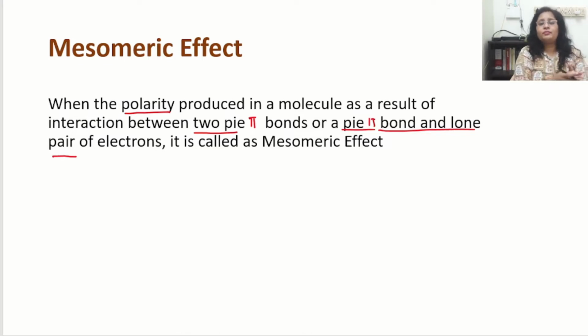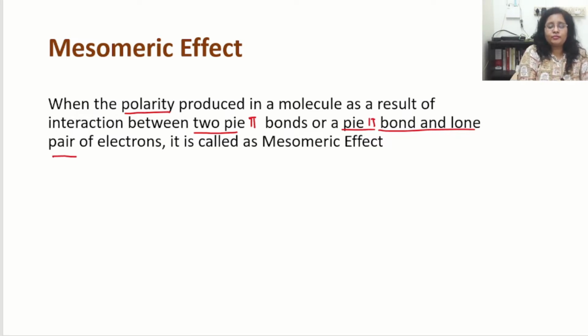The electronegative atom in that compound will attract the shared pair of electrons towards itself and it will make the whole compound polarized. So when this whole process goes through with the help of pi electrons, this is called mesomeric effect.